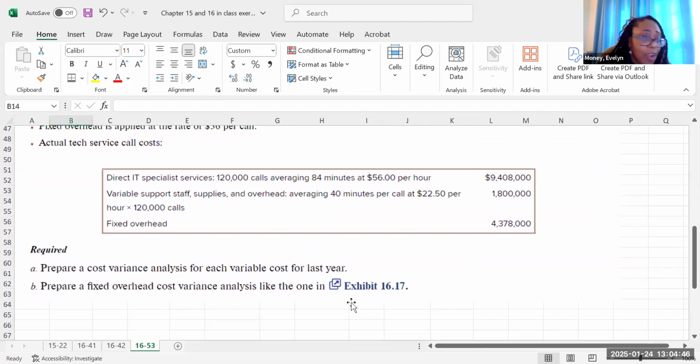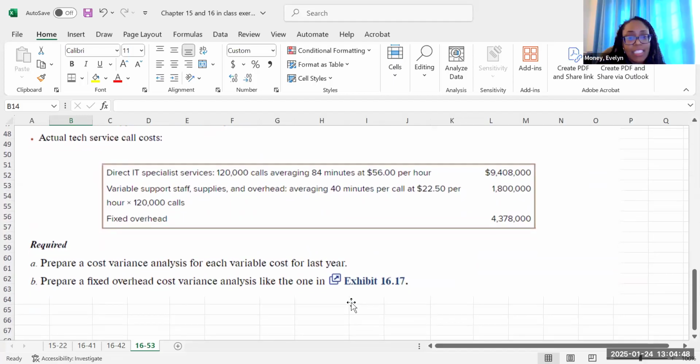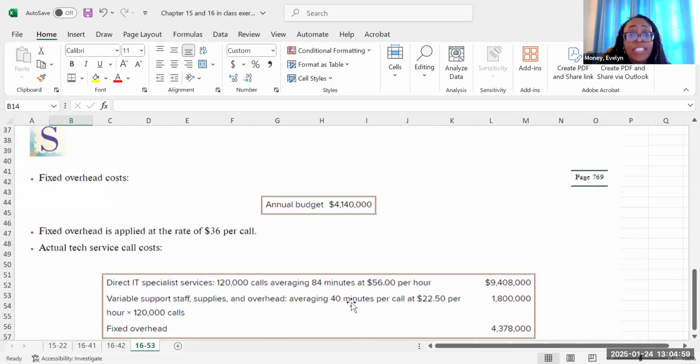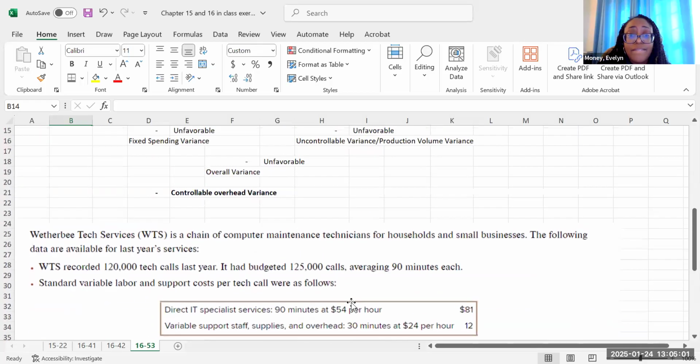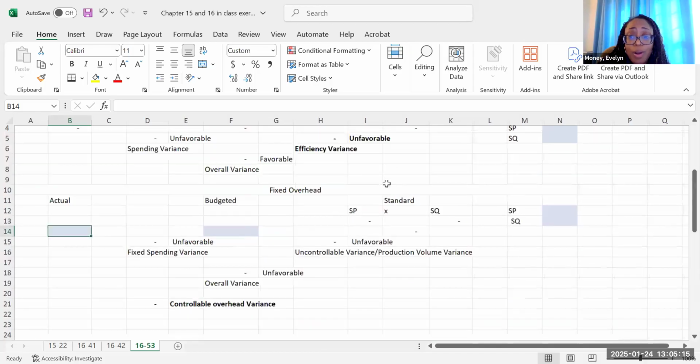We need to prepare a cost variance analysis for, we're primarily just going to focus on variable and fixed costs. We're not going to do it for every single one, just for variable and fixed costs. So let's deal with variable costs first. For my variable costs, I see that my standards are as follows. For variable overhead, 30 minutes at $24 per hour.